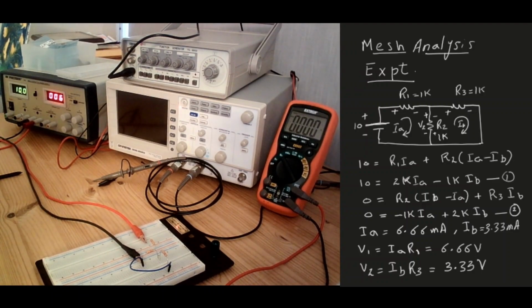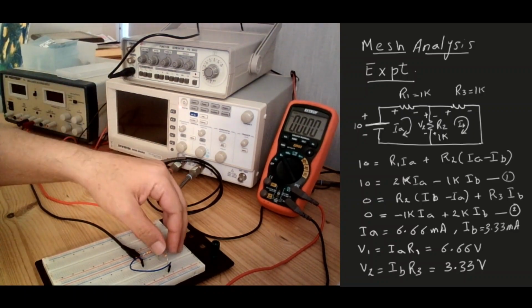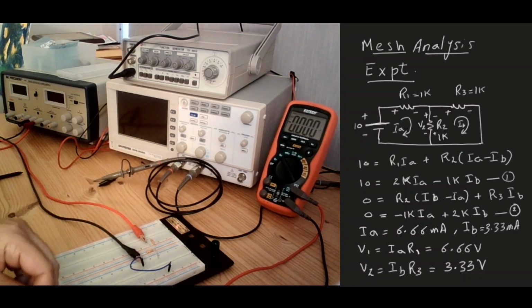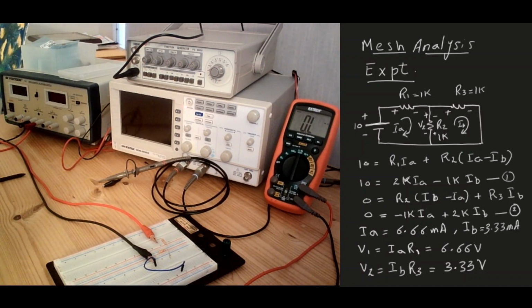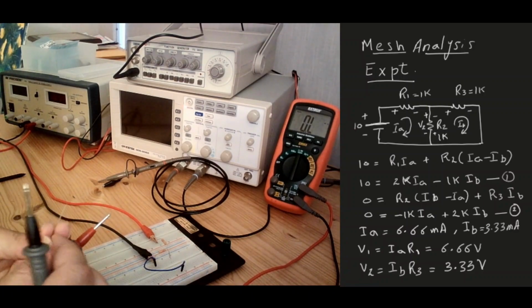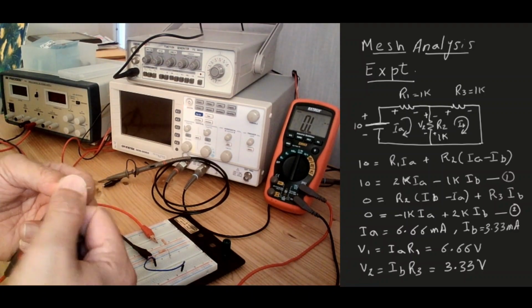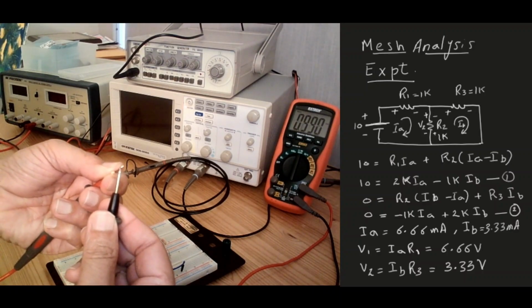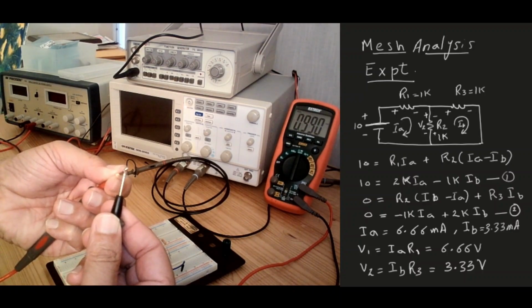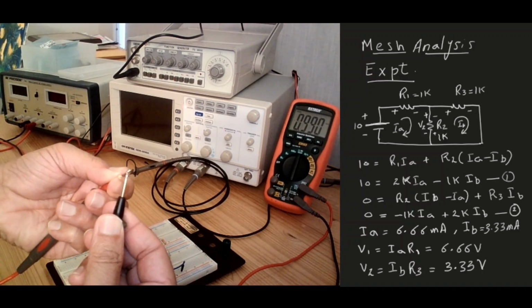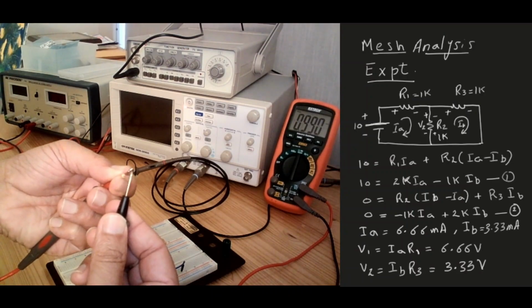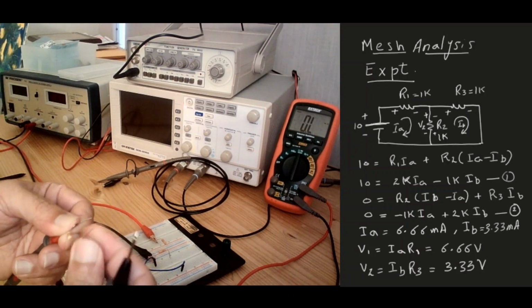For example, in this circuit, if I want to see the value of R3, I will take out R3, put the meter into the ohm meter setting, and measure the resistance between these two terminals, and that is 990 ohms. As you can see, 0.990 kilo ohms, so that is 990. So this resistor is not exactly 1000 ohms.